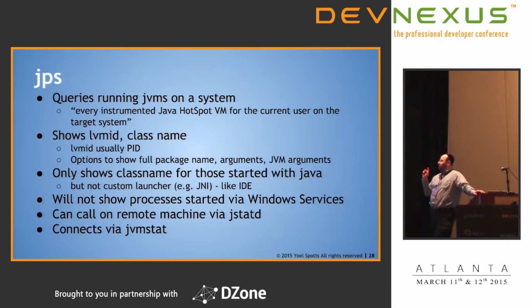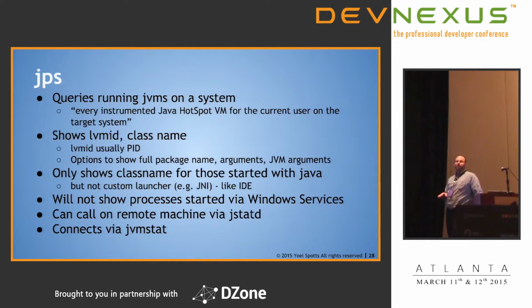Also, you're going to have a hard time with Windows services. So if you've got Tomcat or something else running as a Windows service, you're going to have a tough time seeing that particular program show up in the list. The way in which it gets the list, and you get an indication of that from the very first quote there, is through jvmstat.